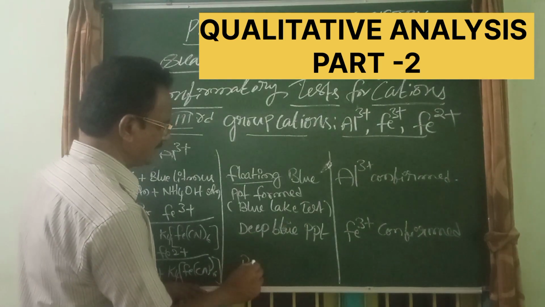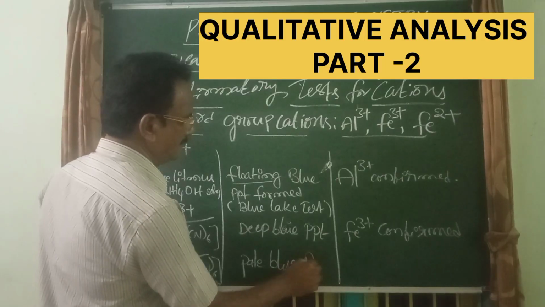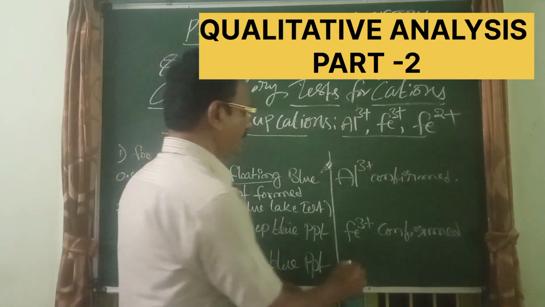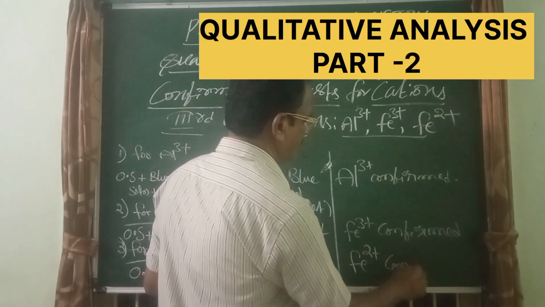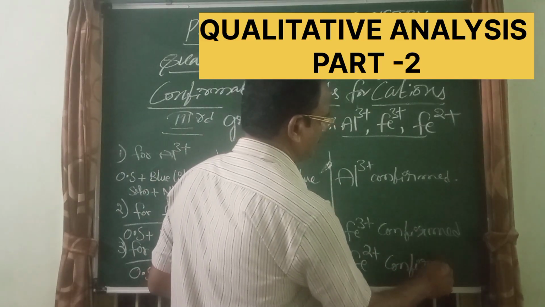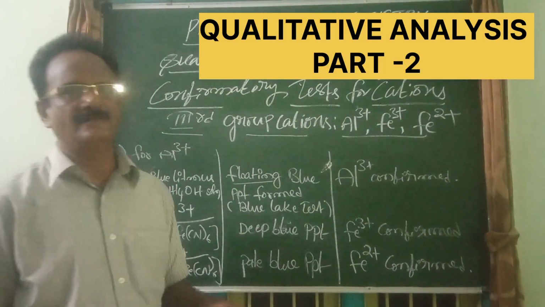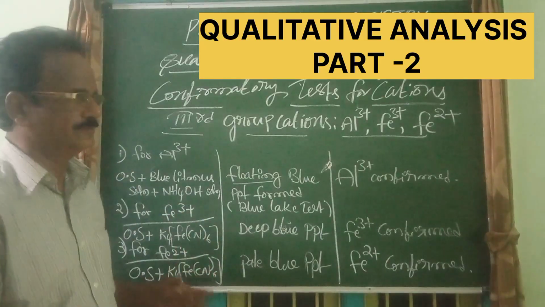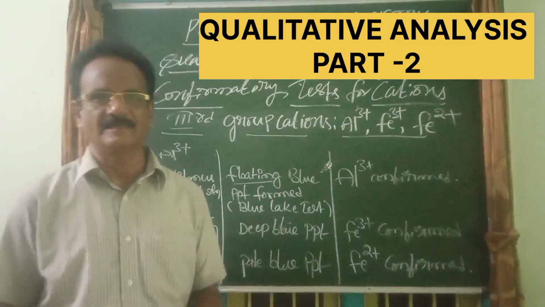Then if there is pale blue or light blue precipitate formed, then we can confirm the presence of Fe2+. Okay, like this we have to do the confirmatory tests for third group cations.